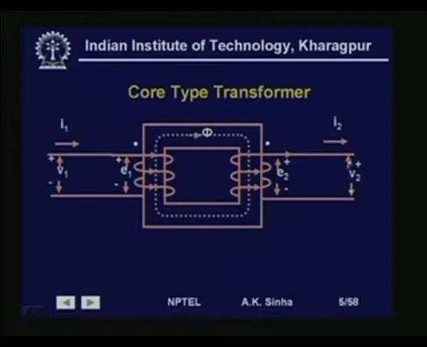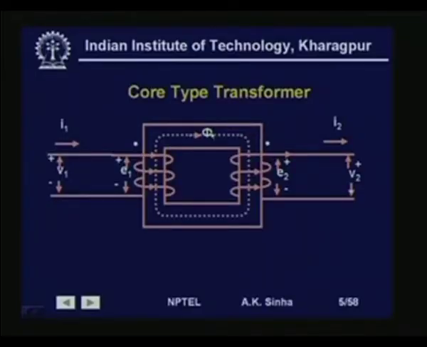So, whenever we connect a load here and the current starts flowing, we get a reflected current flowing from this side also, to balance the flux which is trying to oppose the flux in the core. So, basically the operation of a transformer is that of a constant flux. Constant means it is a time varying flux, but constant in magnitude as far as the phasor is concerned.